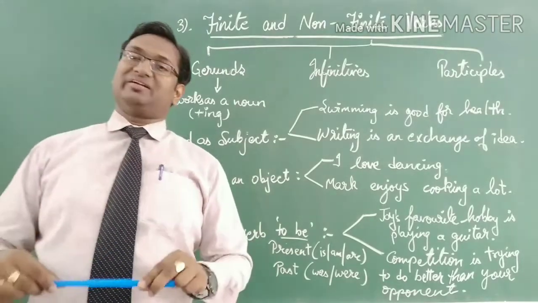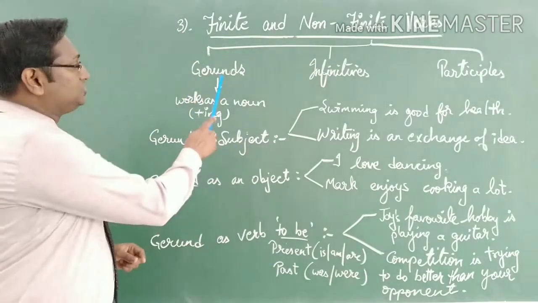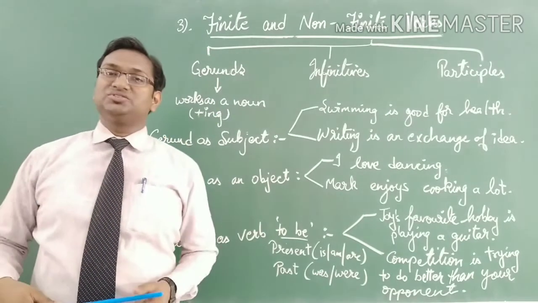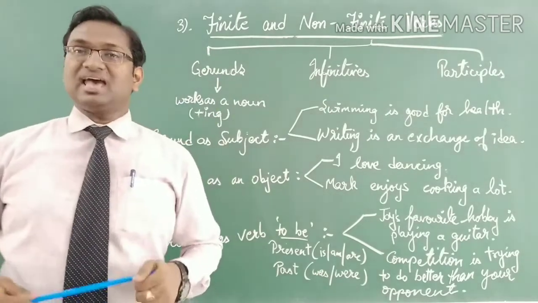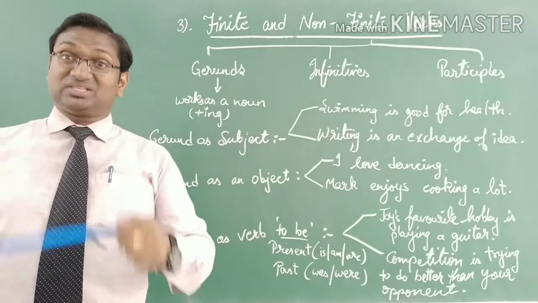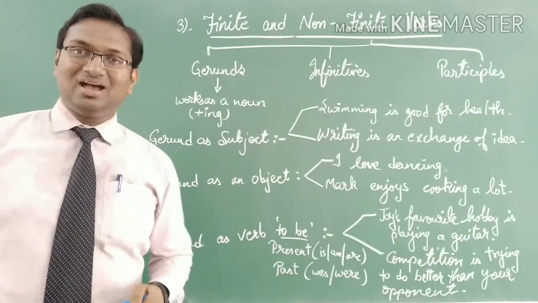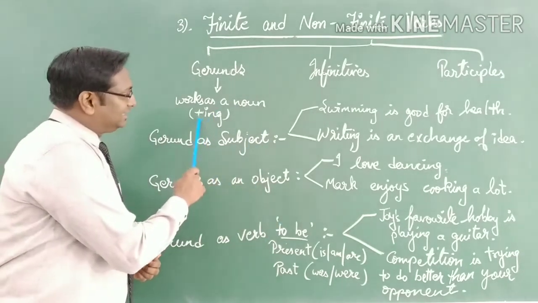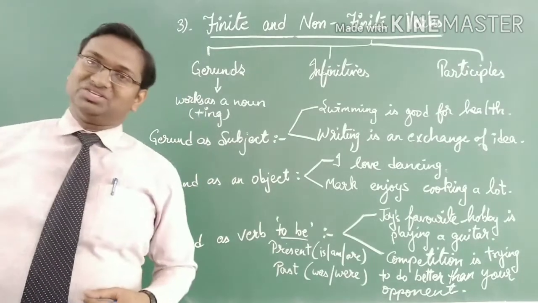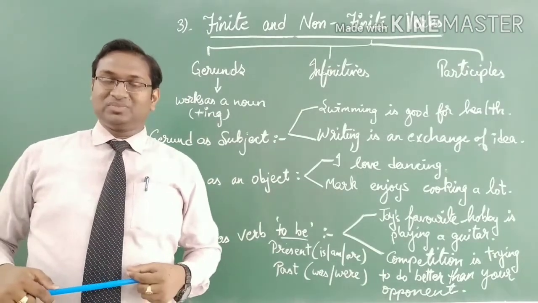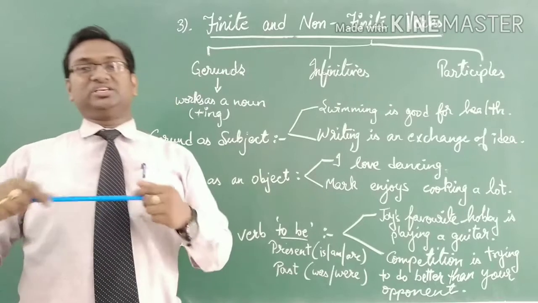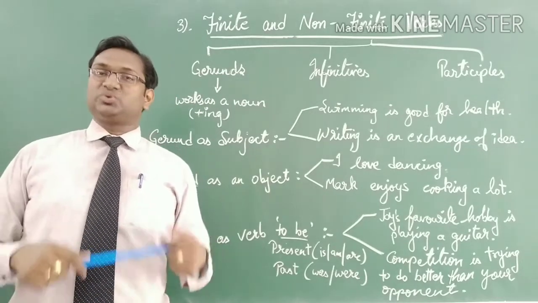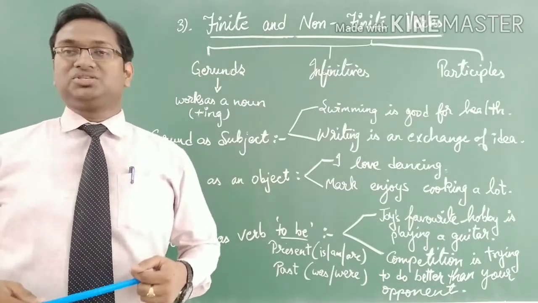Now, let's see gerunds in detail. Gerunds. Now, gerunds are those verbs which work as a noun. Correct? Which act as a noun. And at the end, we have the ing form of the verb. Like play changes into playing. Swim changes into swimming.